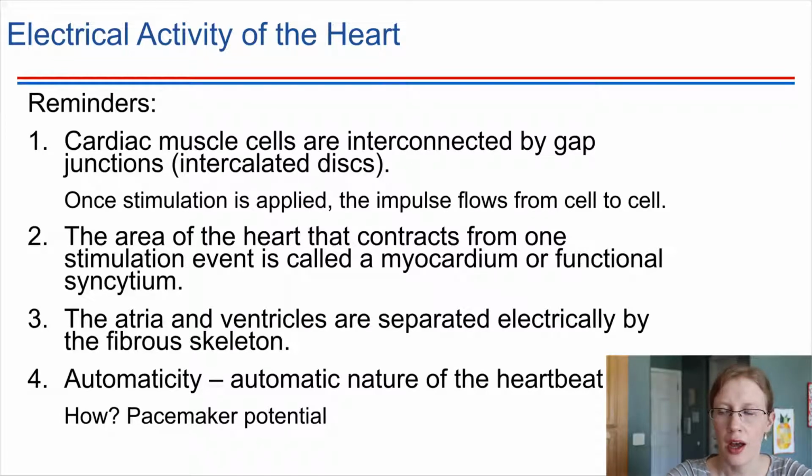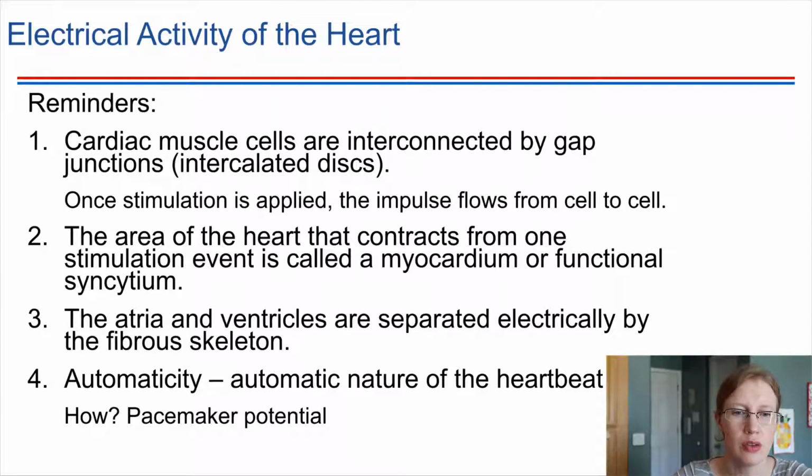Another reminder, the heart: we've talked about the atria and the ventricles. The upper chambers, the atria, tend to act sort of as one distinct muscular unit. They respond to electrical signals as one unit, and then the ventricles respond separately as a separate unit.